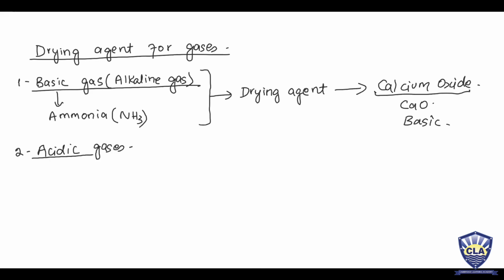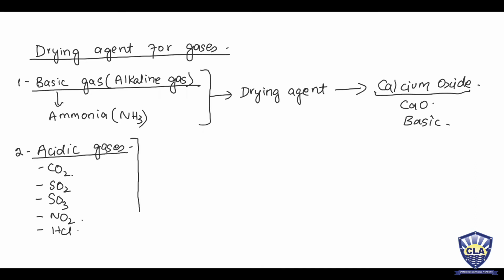To dry the acidic gases, what are the acidic gases? The first one is carbon dioxide, it's an acidic gas. Sulfur dioxide, sulfur trioxide, then nitrogen dioxide, and HCl gas. All these gases are actually acidic gases.